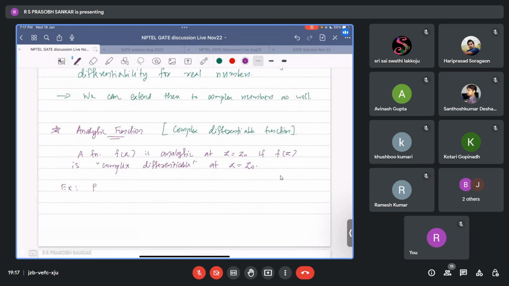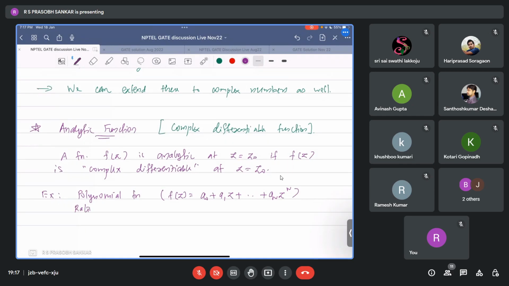That's the idea. Some examples: the most common example of a complex differentiable function is a polynomial, like f of z equal to a naught plus a1 z plus and so on up to a n z raised to n.